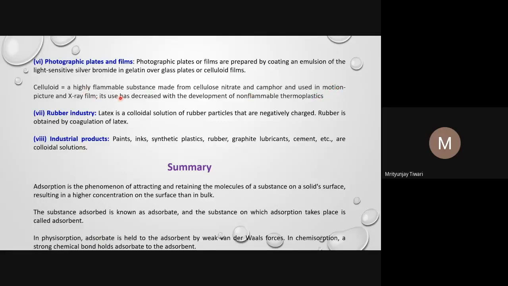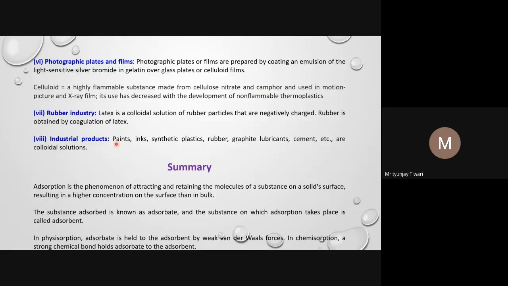Its use has decreased with the development of non-flammable thermoplastics, because celluloid is highly flammable, so people now use non-flammable thermoplastics in place of celluloid.